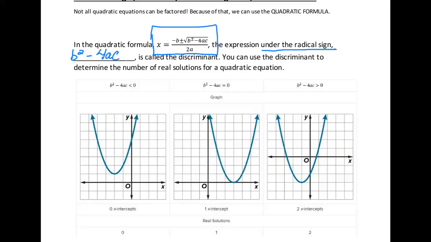This was the one that we were like, substitute the numbers in and try to get a value. This is called the discriminant. So that value right there is the discriminant. You can use the discriminant to determine the number of real solutions. Okay?